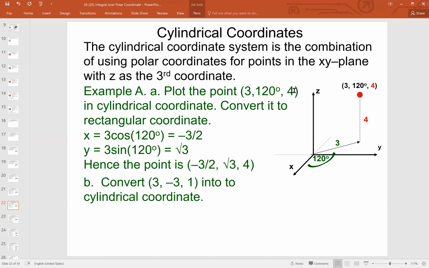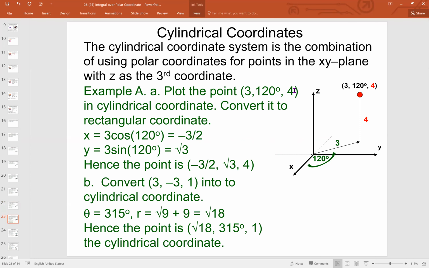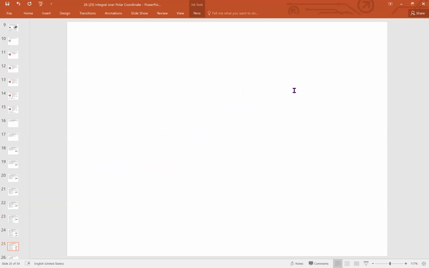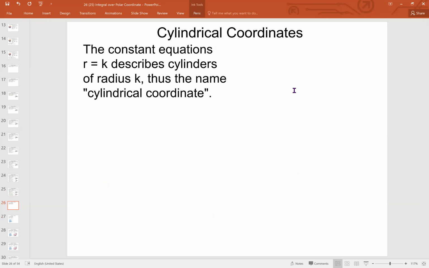And this is also how you put a point in rectangular coordinates into cylindrical coordinates. And then we can define equations in these coordinate systems.